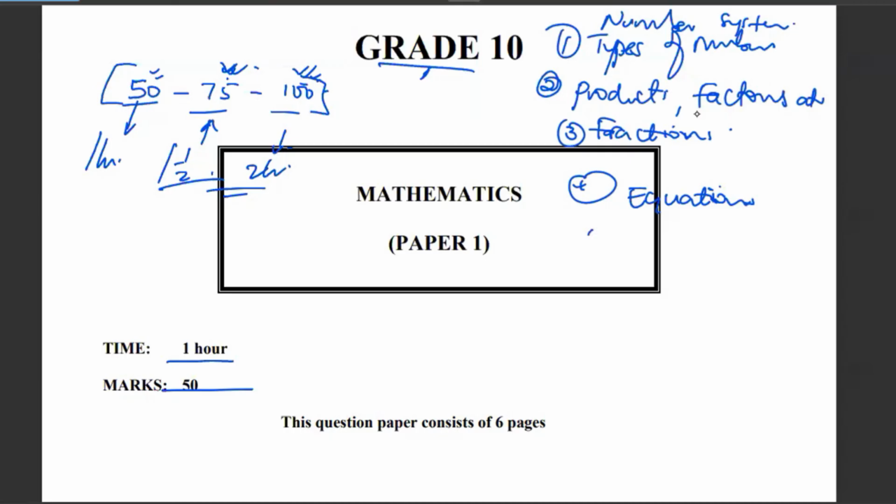And then we also looked at what else? I think basically that's what was covered in term 1. In term 2, what should be covered should be what we call the functions. These functions are also known as what? Graphs, specific graphs that we look at.